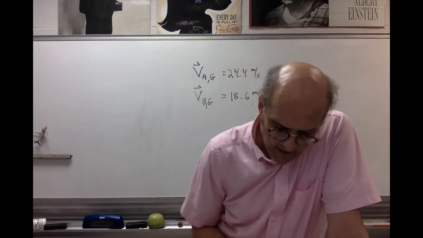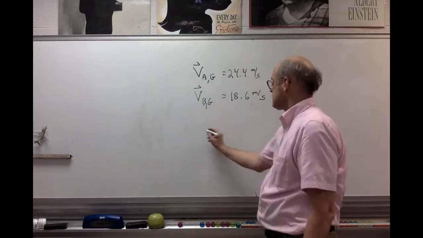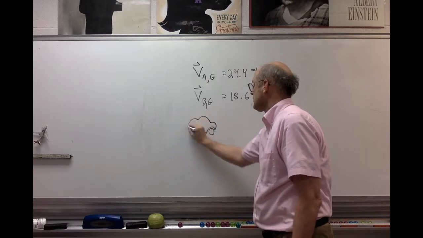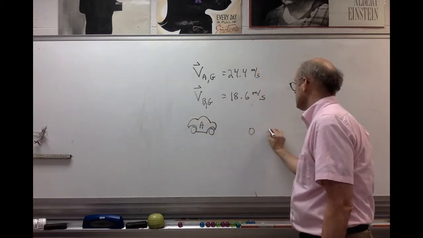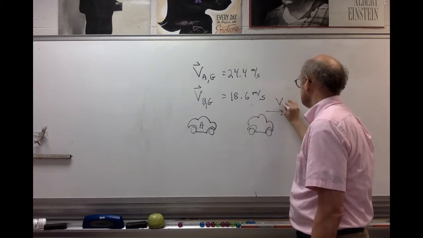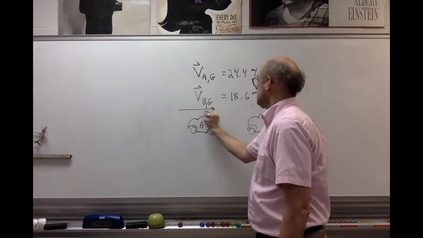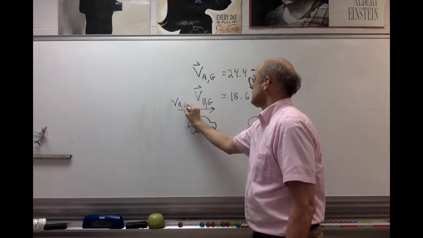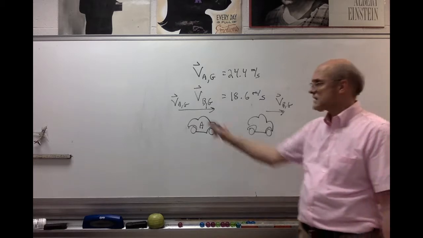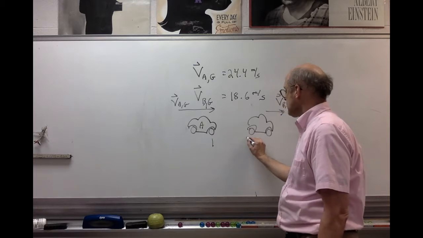Now the story begins when car A is 186 meters behind car B. So here's car A, and here's car B. Car B has a velocity VBG, and car A has a velocity VAG, velocity A relative to G. The distance between them is given.